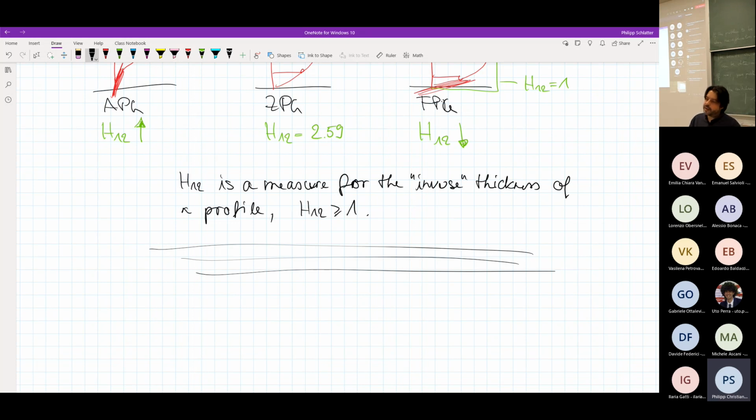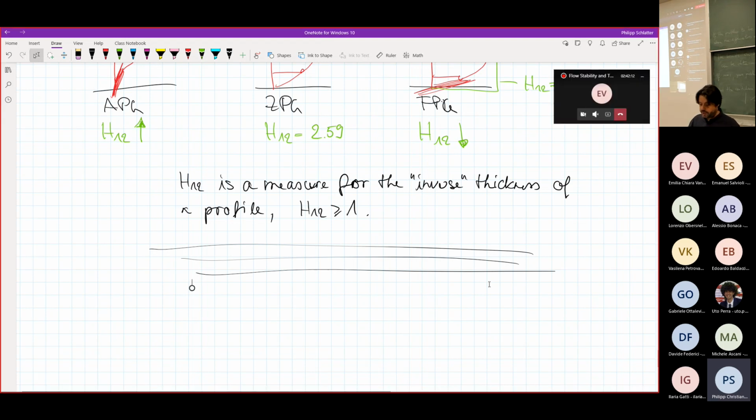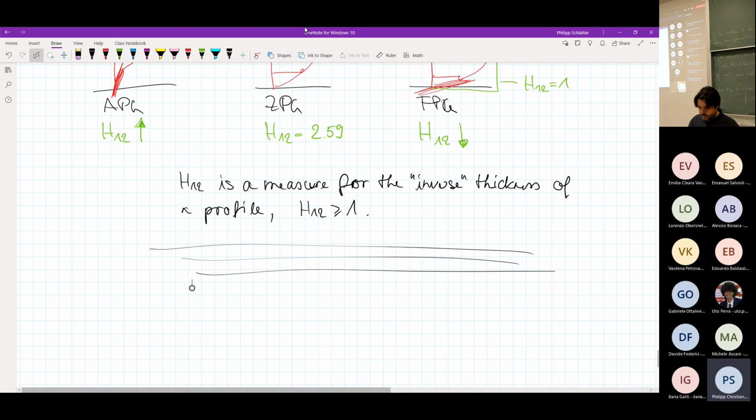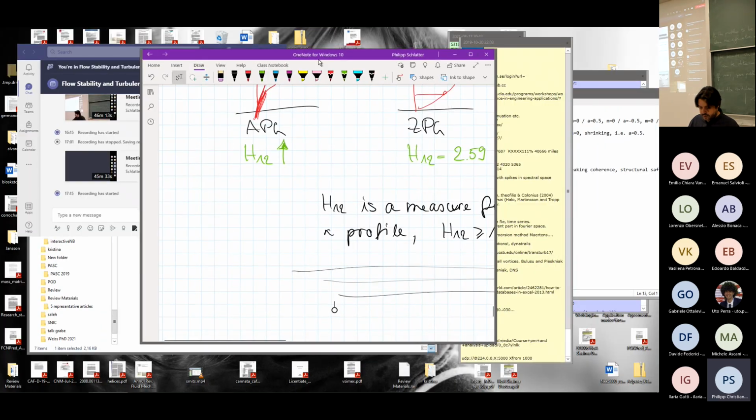Now we talked about boundary layers, and the third topic that we will talk about is stability and transition. In order to do that, I would like to start with a few slides that I prepared. So I try to switch here into PowerPoint some way.